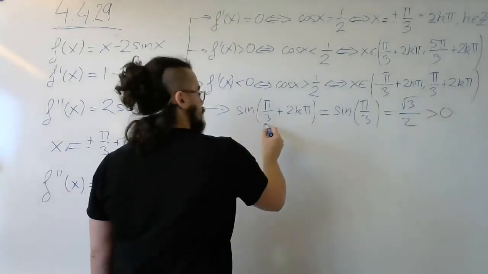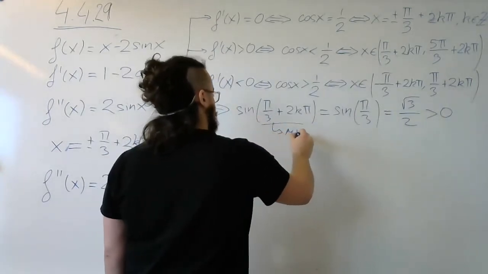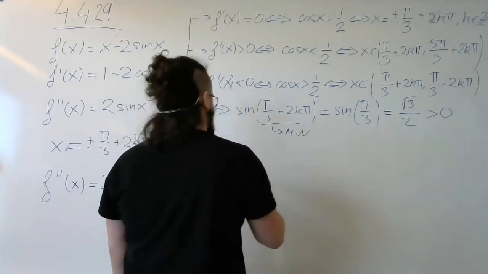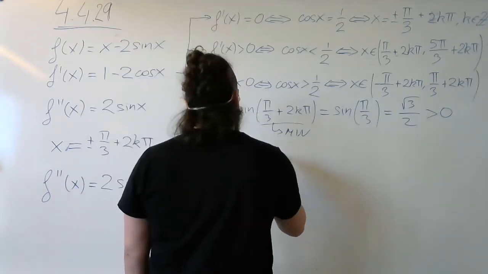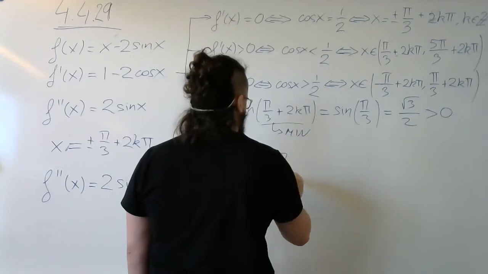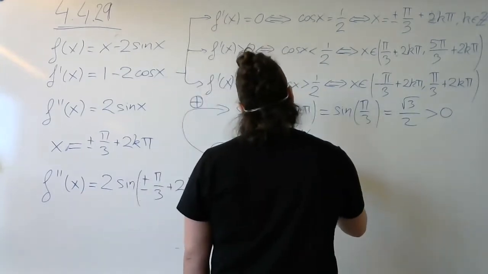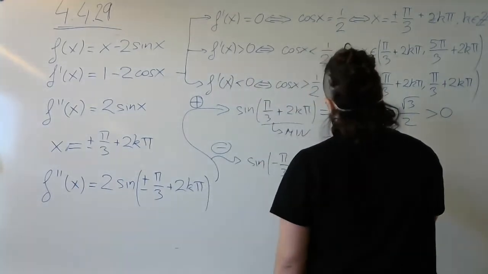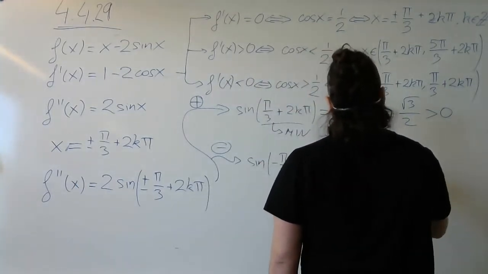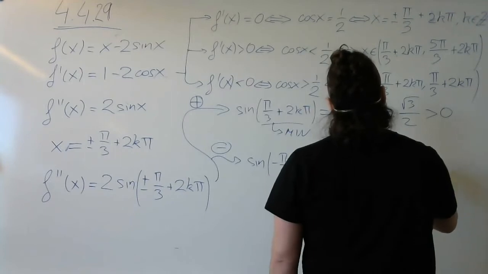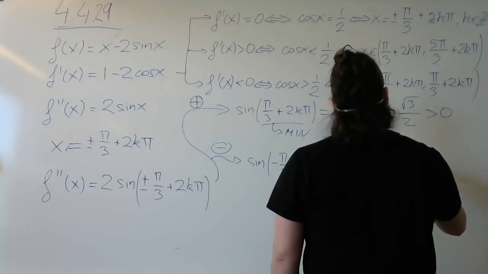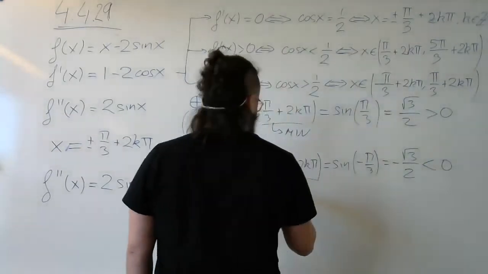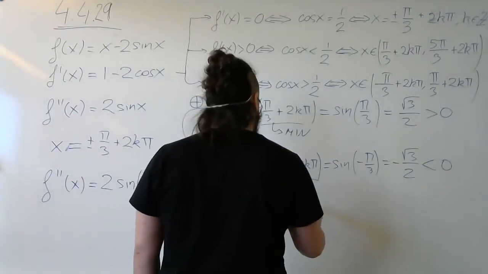So all these points are minimums. And here we have the sine of minus pi thirds plus 2k pi, which is the sine of minus pi thirds. This is equal to minus the square root of 3 over 2, smaller than 0. So these are all maximums.